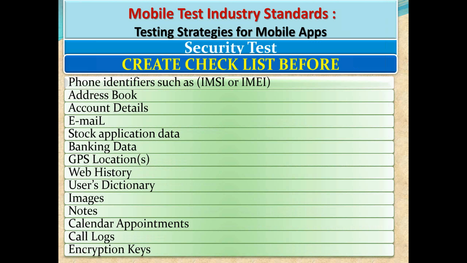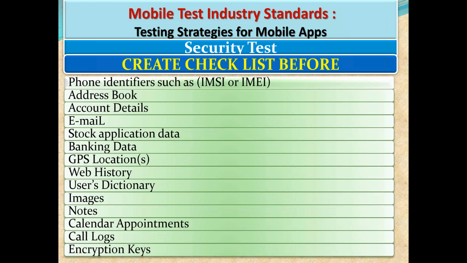And IMEI is an International Mobile Equipment Identity, also a unique number to identify GSM, as well as some other satellite phones. So the IMEI is only used for identifying the device and has no permanent or semi-permanent relation to the subscriber.